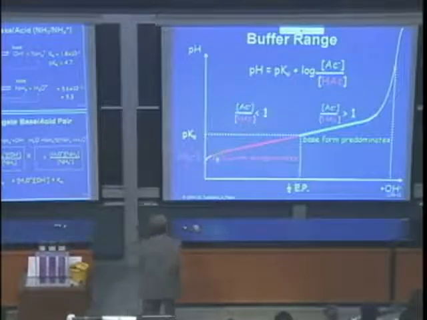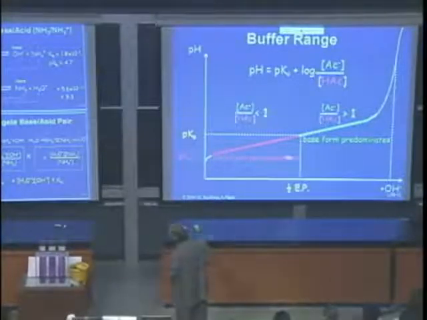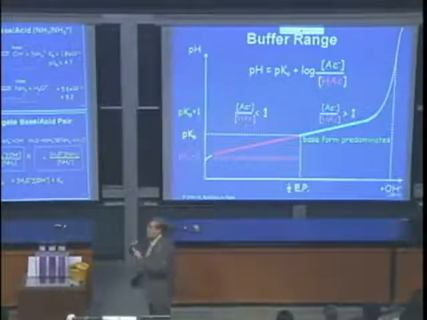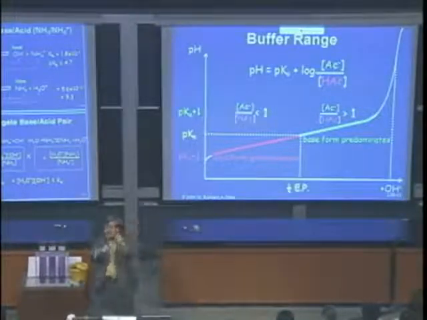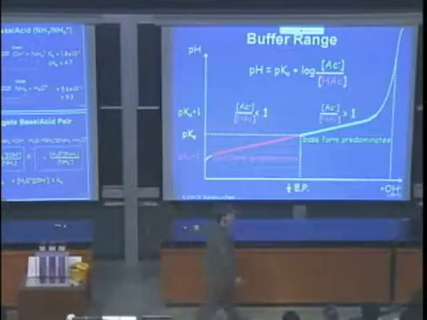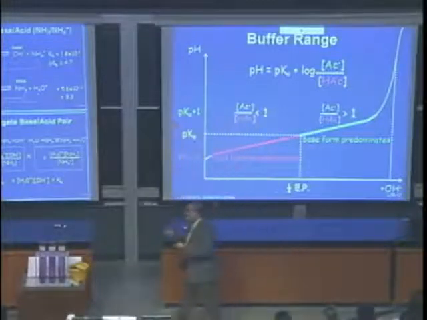And so essentially a buffer works from pKa minus 1 in the acidic form to pKa plus 1. So it goes plus minus 1 pH unit. That's the useful range of a buffer, okay? So what is a buffer? You can have a basic buffer or an acidic buffer.